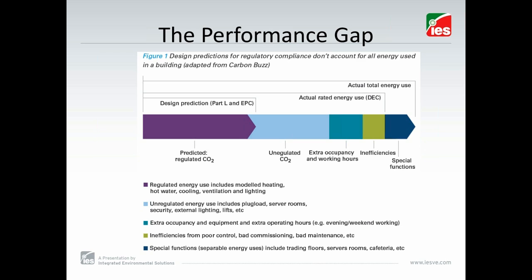So the report does highlight the importance of predicting performance and how difficult it can be to accurately predict performance of buildings. And it also suggests that likely performance is predicted at various stages, and then ensure that it's monitored in operation to allow fine-tuning and energy monitoring and targeting, if you like.